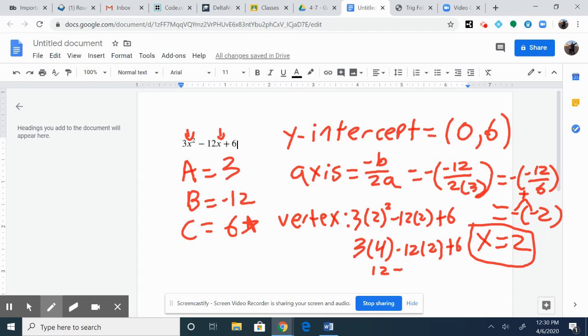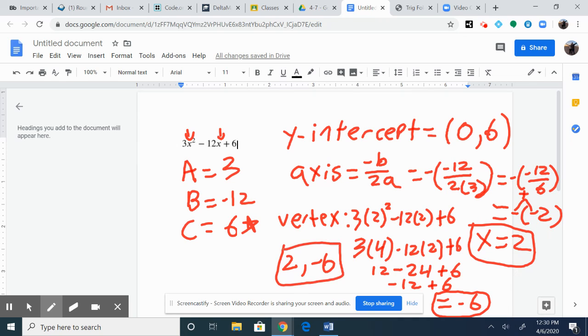Then 12 times 2 would be 24, plus 6. And now we do 12 minus 24, which would be negative 12, plus 6. And our answer ends up being negative 6. So our vertex would be at the point (2, -6).